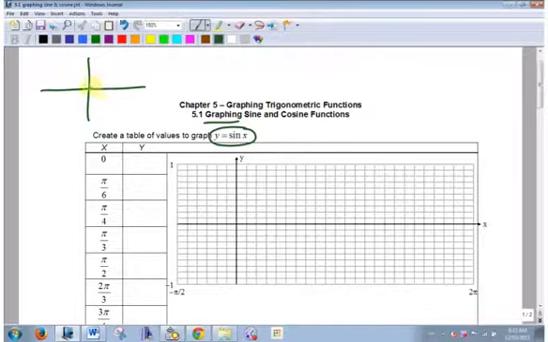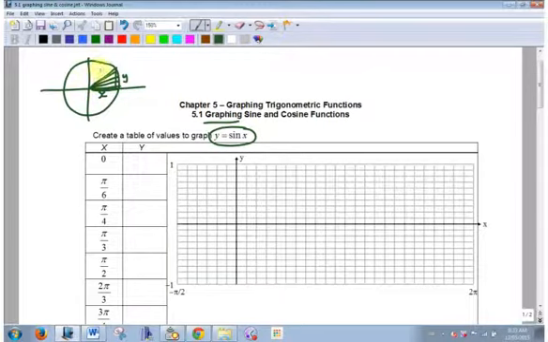Let's do a unit circle. Okay, so here's some angle, and we know x is the cosine of it, right? And y is the sine of it. When the angle is 0, well, that goes down to 0. What is my y?